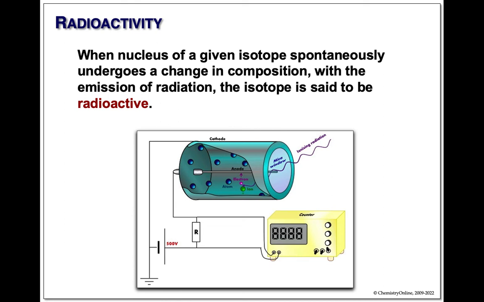All right, well, let's look at that. Push the button. You can hear a click every now and then. Those are gamma rays coming in from somewhere. I hear something.